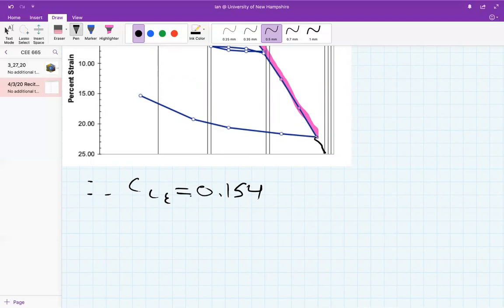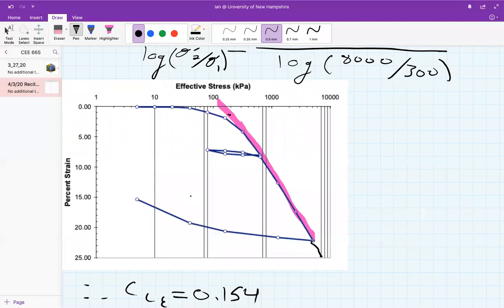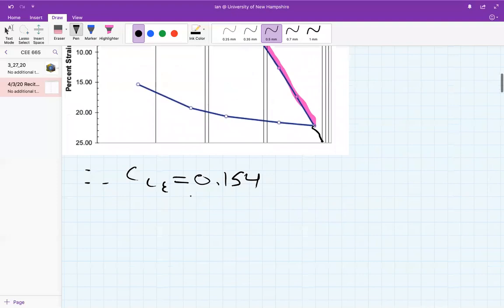So now we need to determine the pre-consolidation pressure from this graph. So how are we going to do that? Well, I'm going to write down here. If you guys look at figure 8.6, then this will show you a good way to pull a minimum, a maximum, and most probable pre-consolidation pressure.